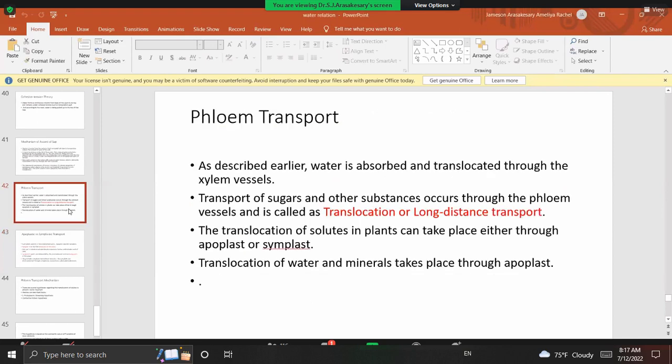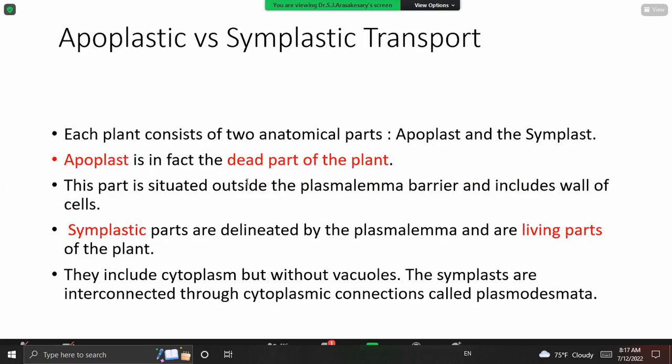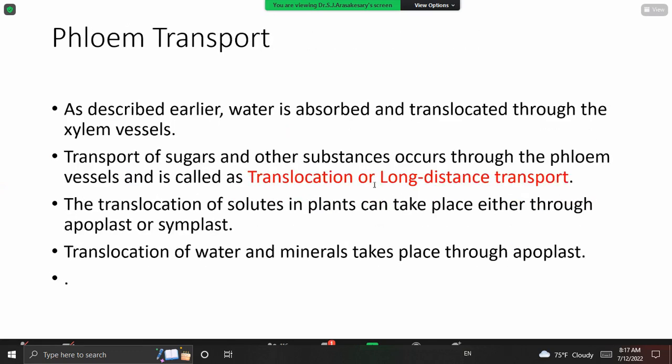So flow and translocation. The long distance transport we call phloem transport. Okay? So there are two different things, symplast and apoplast.